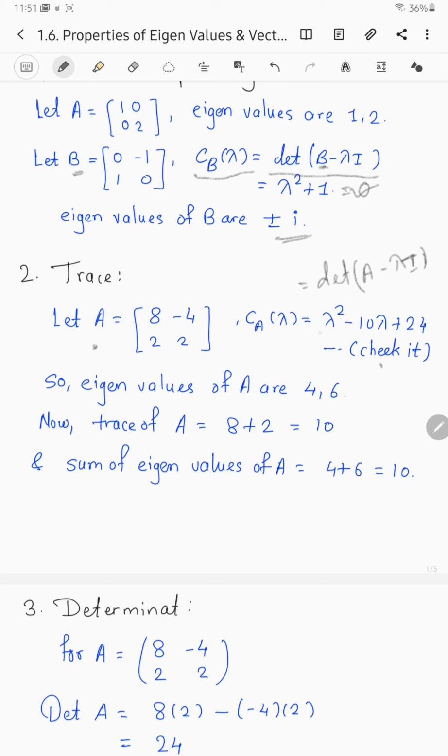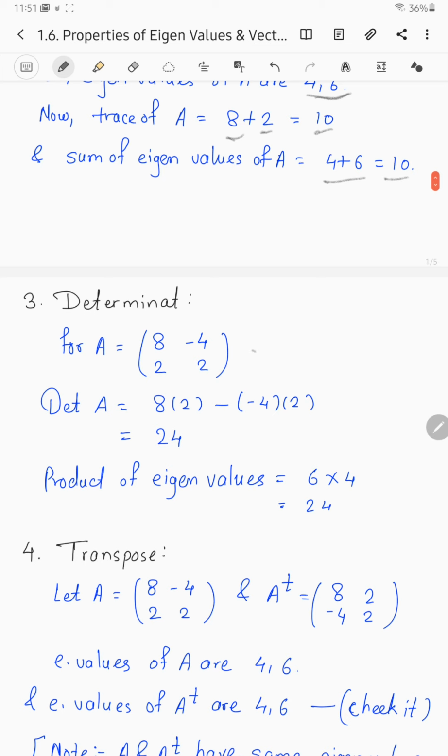If I equate this polynomial with 0, I will get eigenvalues 4 and 6. Now what is trace? Trace is the sum of diagonal elements. Here the diagonal elements are 8 and 2, so 8 plus 2 is 10. And the sum of the eigenvalues 4 and 6 is also 10.